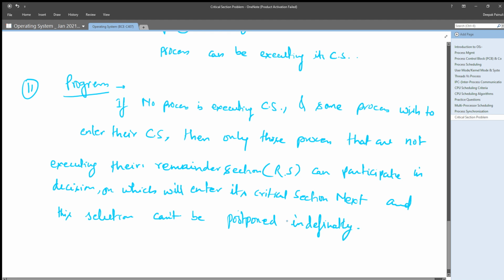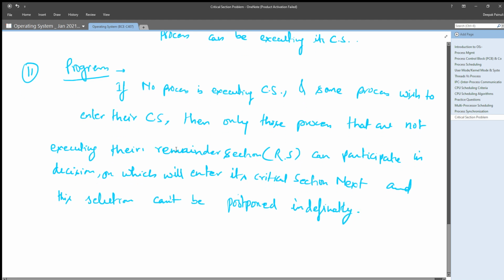Right. This is the statement for the progress condition.